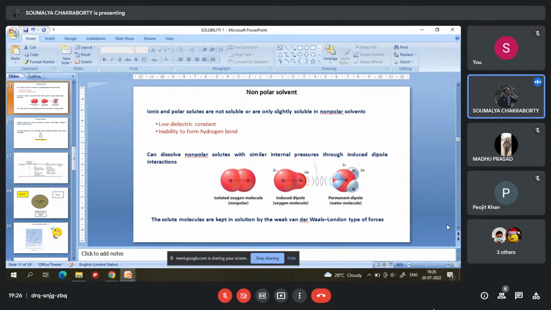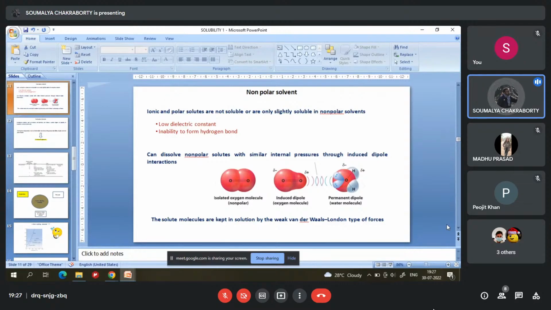These are the reasons why polar solutes do not get dissolved in the non-polar solvent: low dielectric constant and inability to form hydrogen bond. So why are they unable to form hydrogen bond? The reason is, to form hydrogen bond you need an electronegative atom, and non-polar solvent does not usually have an electronegative atom that will attract the electron cloud towards it. This is the reason why they can't form hydrogen bond.